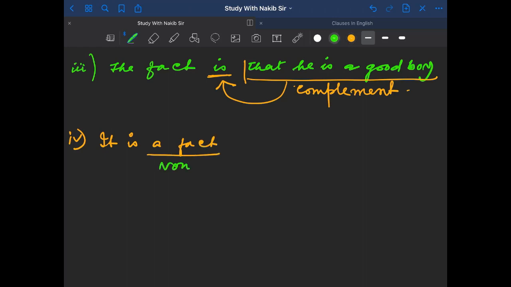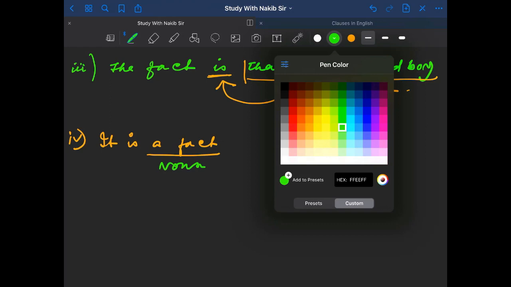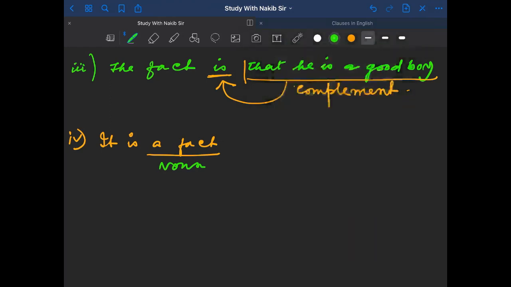But you don't know the fact. For this, one explanation is necessary, and the coming clause will explain the fact. So it is a fact that he is a good boy.